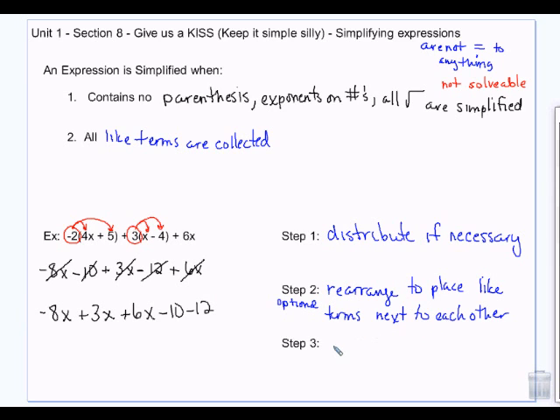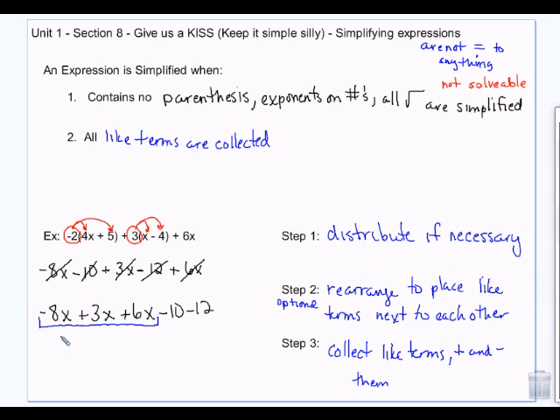And then my last step is I'm going to collect my like terms. That just means I'm going to add and subtract. So all of these are like terms. I have -8 plus 3, so that's -5, plus 6.